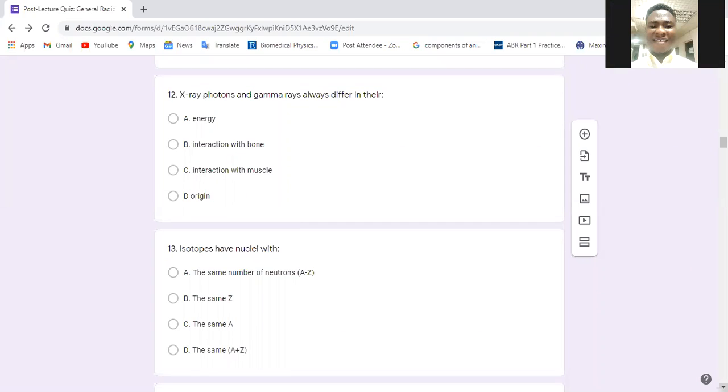They find their origin. Yeah, why not energy? How do they differ in their origin? Well, gamma rays are mostly produced from the nucleus.